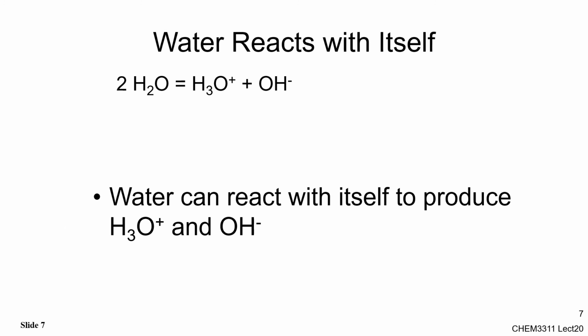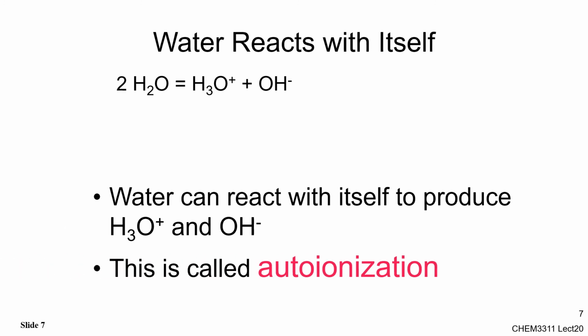Water can react, right? And this process is called autoionization, and there's an equilibrium constant for that autoionization, Kw. Notice once again, water is the solvent, so it doesn't appear in the equilibrium expression that goes with the balanced chemical equilibrium.